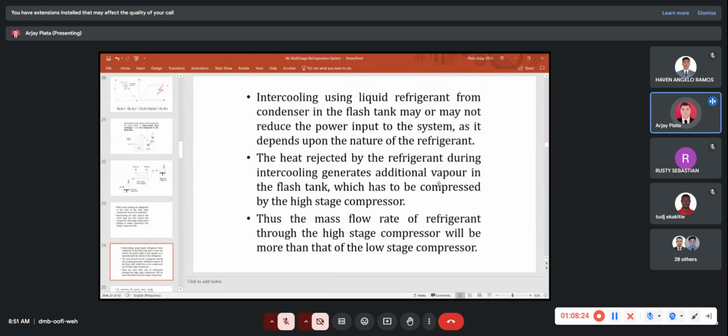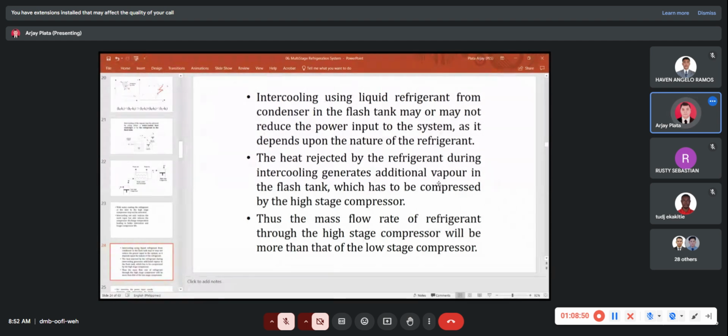Intercooling using liquid refrigerant from the condenser in the flash tank may or may not reduce the power input to the system, as it depends upon the nature of the refrigerant. The heat rejected by the refrigerant during intercooling generates additional vapor in the flash tank, which has to be compressed by the high stage compressor.